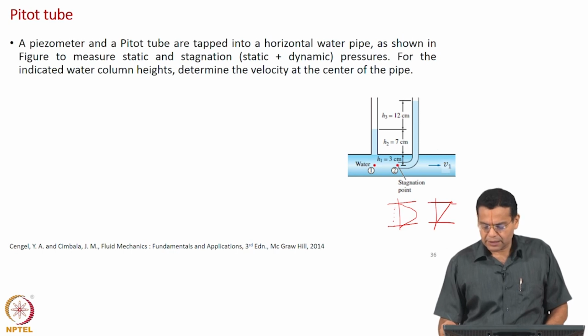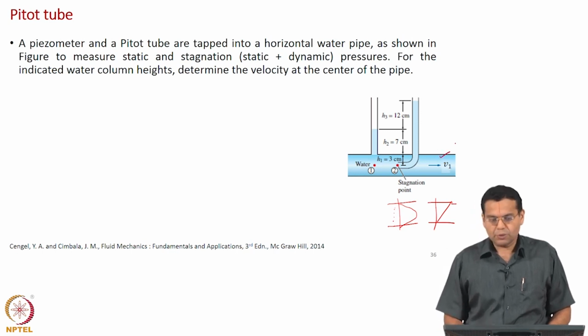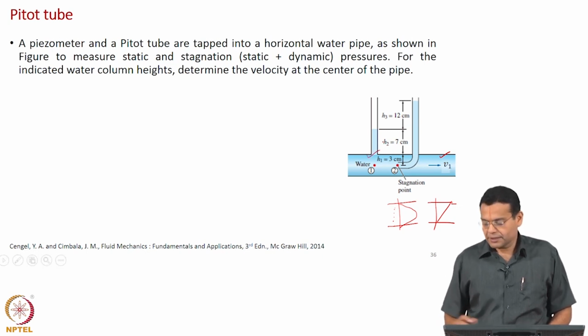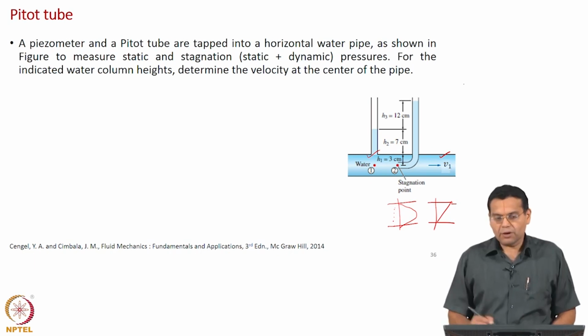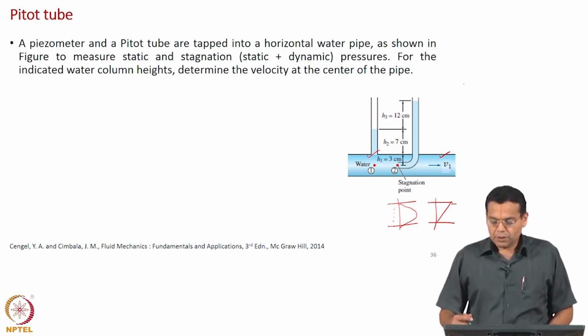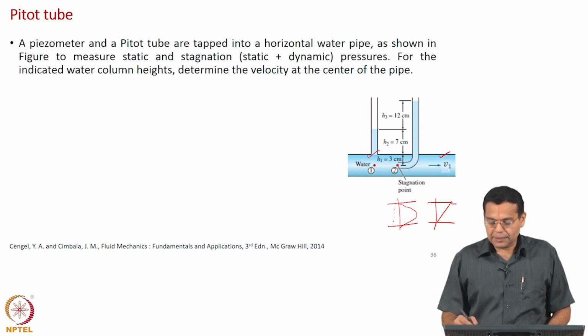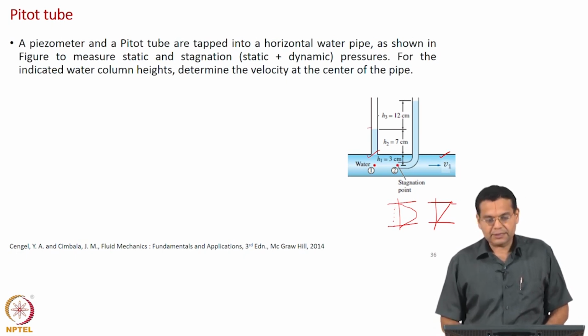What is shown here is a pipe carrying water, and you make a hole and insert a tube in this way on the wall of the pipe. Now, water rises based on the static pressure at that particular location, and that static pressure is balanced by the level to which water rises here.